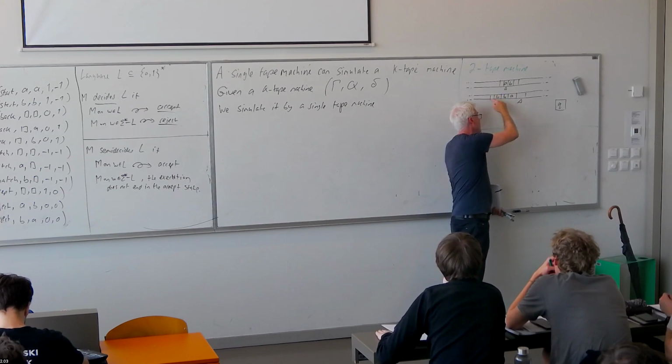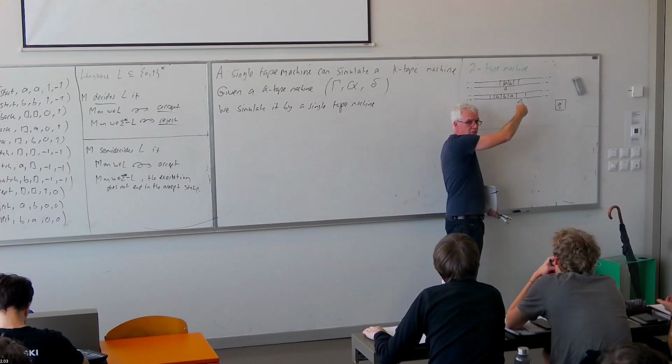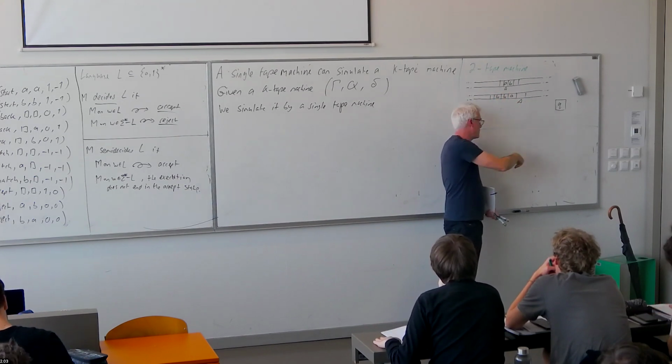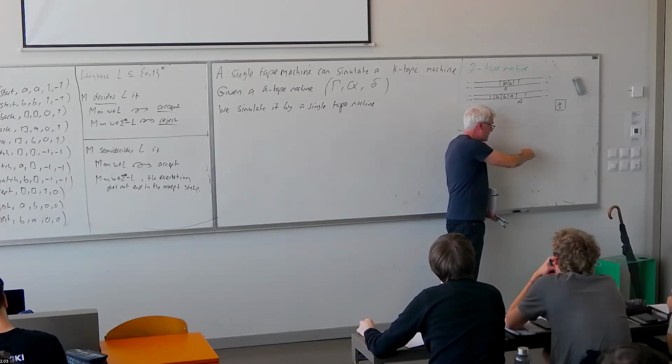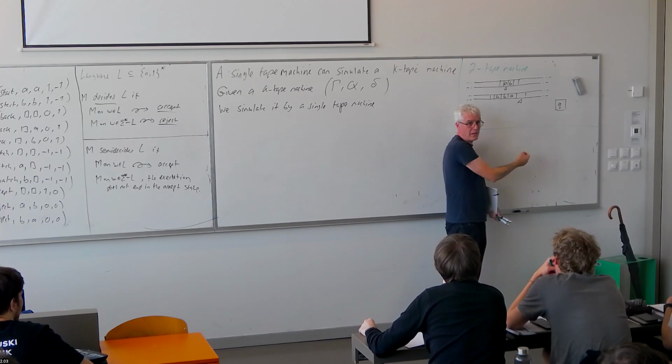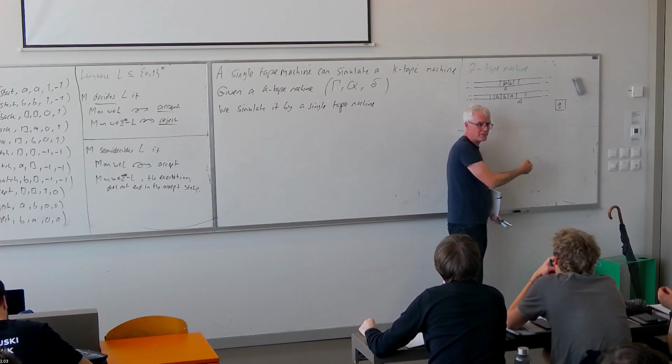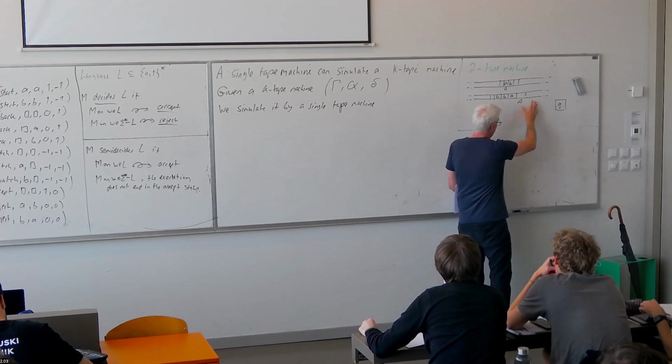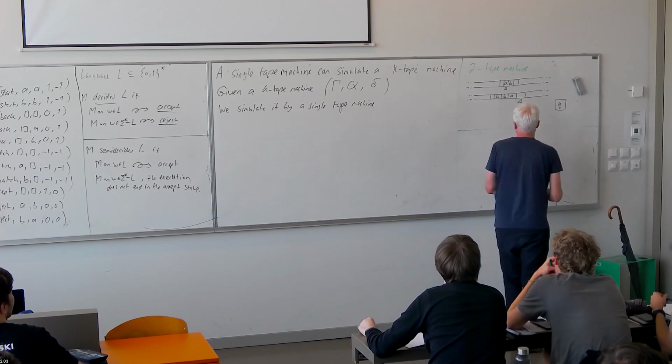Then every single step between configurations on the two tape machine, we translate to some process on the one tape machine. The one tape machine is going to be slower, so it can't do it in a single step, but it can do it in some finite number of steps. It goes from encoding this first configuration to encoding the second configuration.